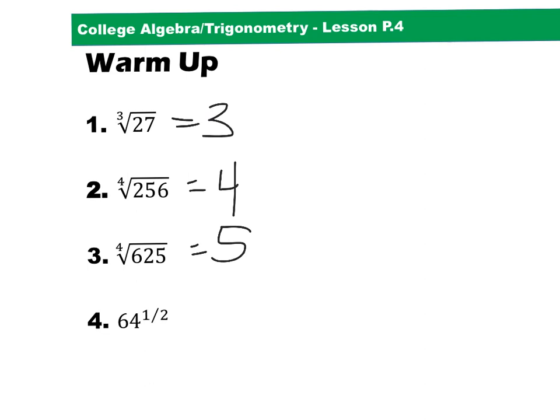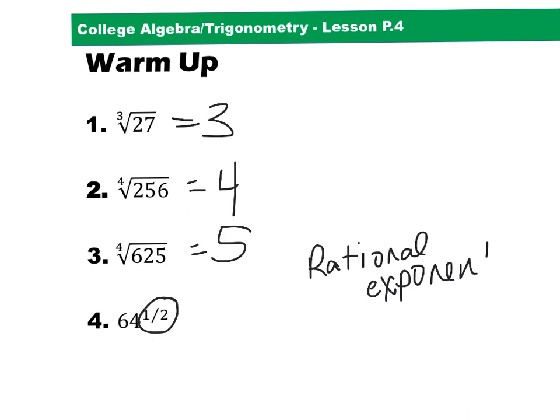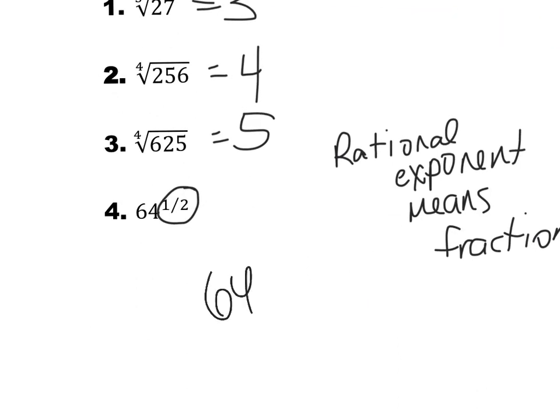But we are going to see things written with rational exponents. Rational exponent means a fraction, so pay attention to that. What this is saying, 64 to the 1/2 power, is not saying 64 divided by 2.